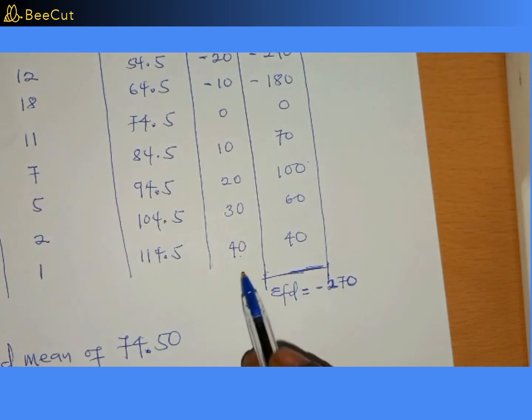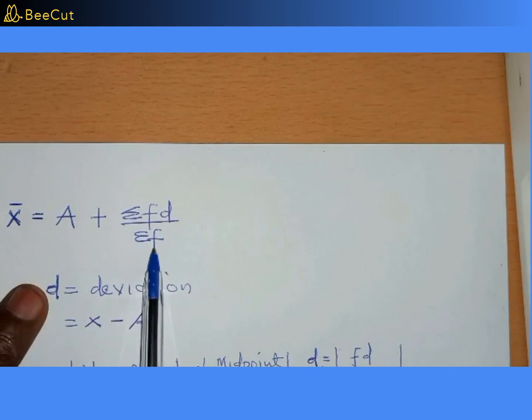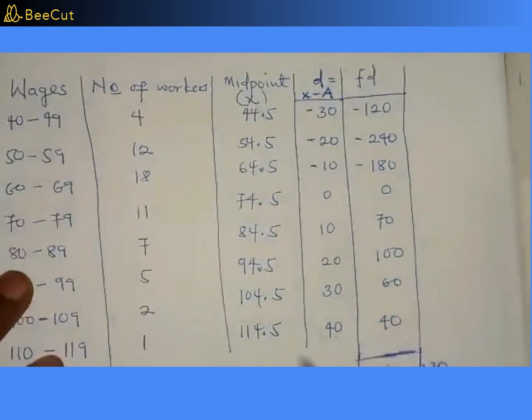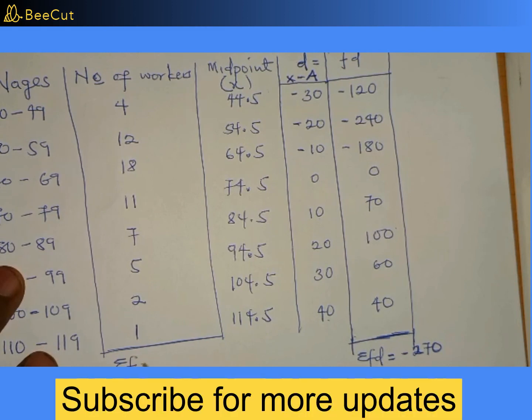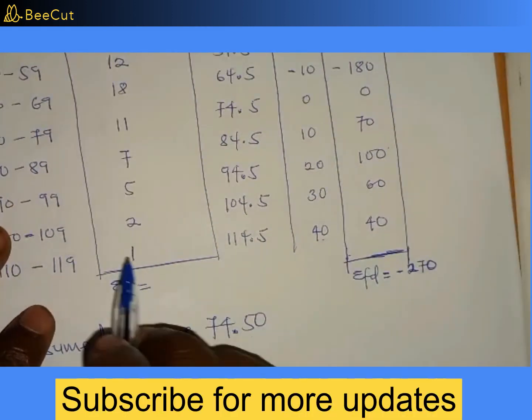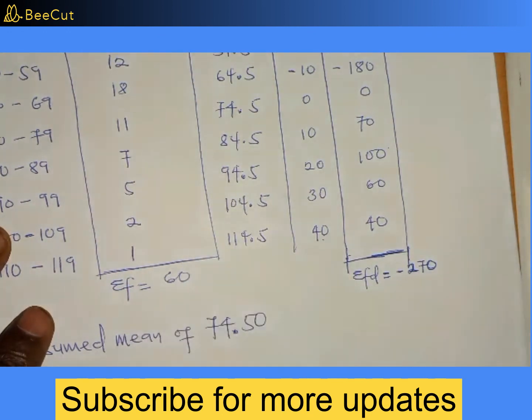Then the next thing the formula says you are to do is find the summation of all the f values, and we know our f values are the same as the number of workers. So we have sigma f, and that gives us 60.